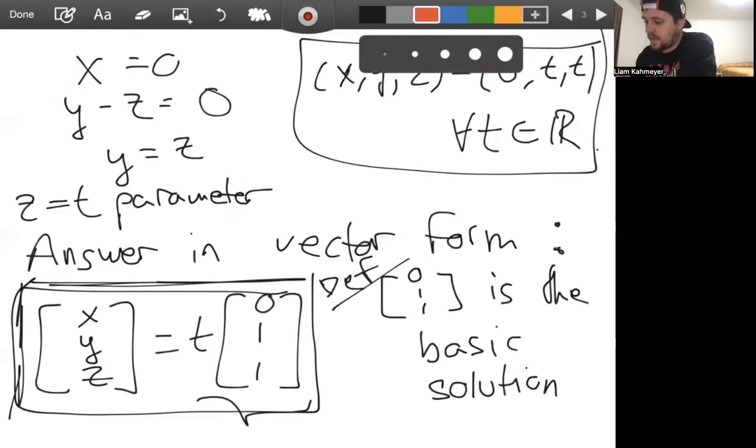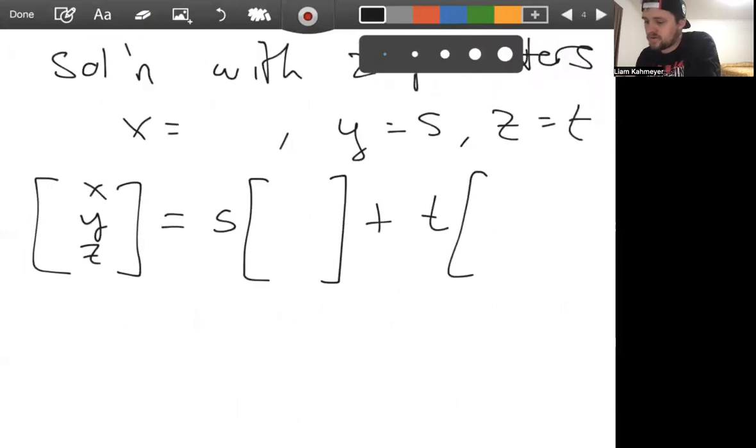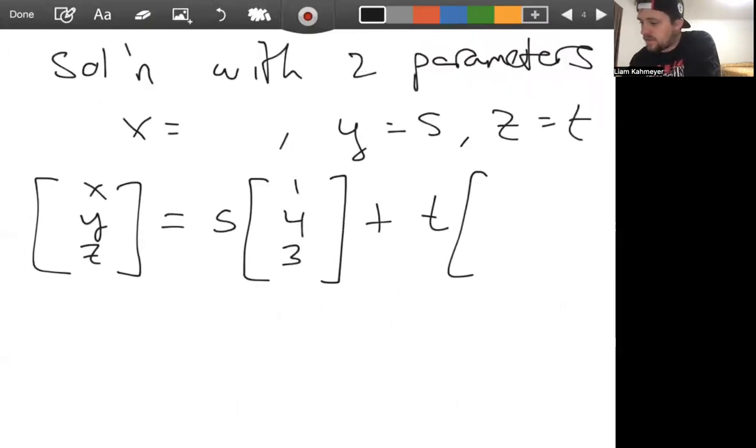Here we found a basic solution, and then we pulled out the parameter so that the parameter becomes a scalar, and then the vector is constant. We would do the same thing if we worked through a system that had a solution with 2 parameters, and you could get, I'll make something up, maybe (1, 4, 3) and then (-1, 8, 5), or something like this.